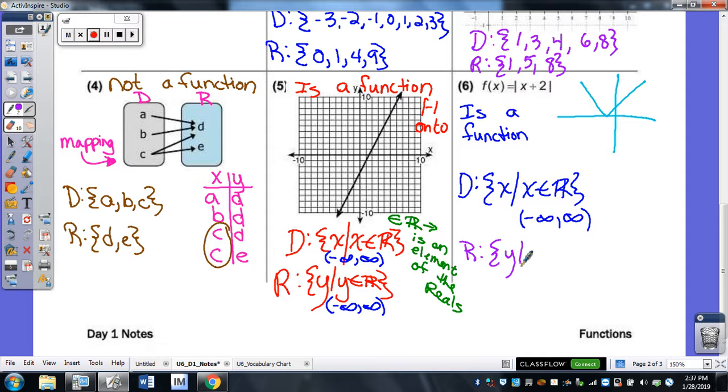So if we take a look, our lowest y value here is 0, and then it's everything above it, so y is greater than or equal to 0. If you wanted to do that in interval notation, it would be bracket 0 to infinity. Whenever I say that, I always think to myself, to infinity and beyond.